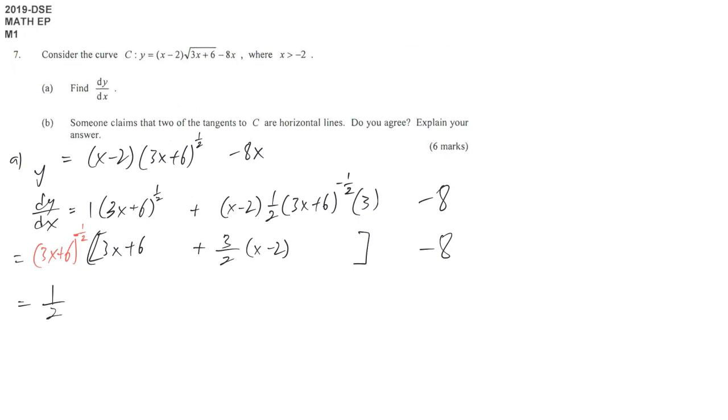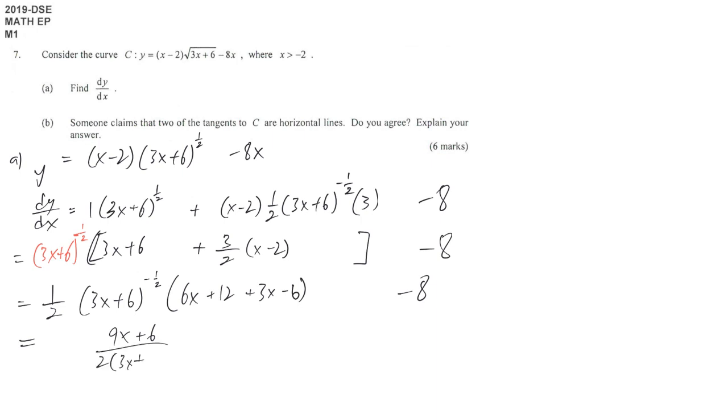Finally, we extract 1/2 also. So these two terms, we have to times 2. It gives us 6x + 12, and then plus 3x - 6. We get (9x + 6) over 2 times (3x + 6)^(1/2). That means dy/dx = (9x + 6) over 2 square root of (3x + 6), and then minus 8.